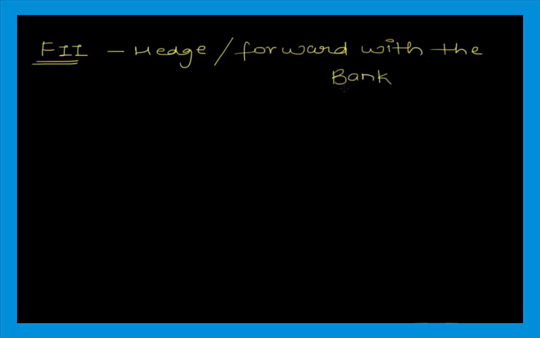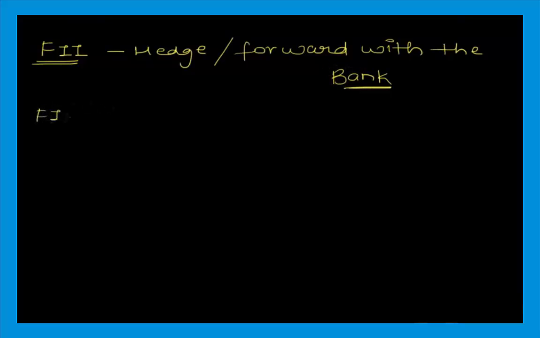What is happening is an FII who's investing in India normally would want to hedge the currency position, and they hedge it by signing up a forward contract with the bank, for which they keep all the stocks or debt that they've purchased with the bank as collateral.